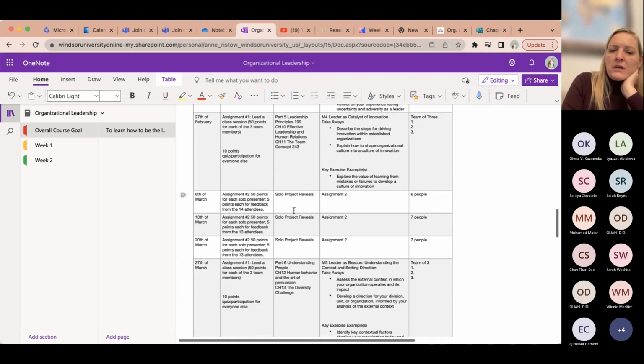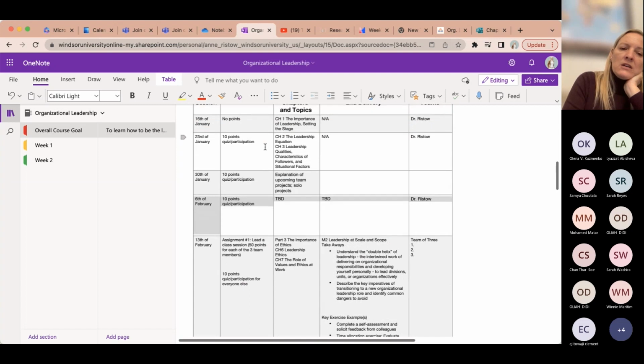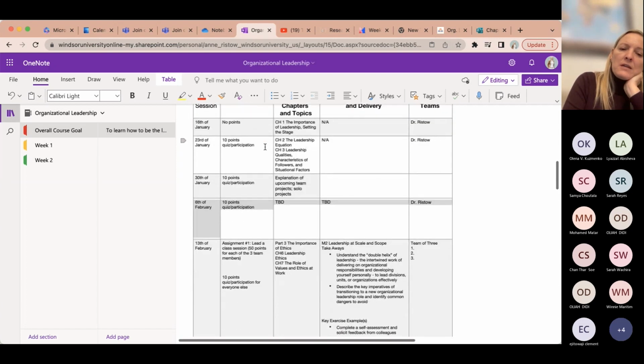So next week, I'm giving you details about assignment 1 and assignment 2. But this week, in the end of your chapter 2 and 3 quiz, I'm adding a question for your preference of meeting on the 4th of February, that's a Saturday at 9 a.m., or taking the 6th of February to work on your solo projects, because it is going to be a time-intensive project.